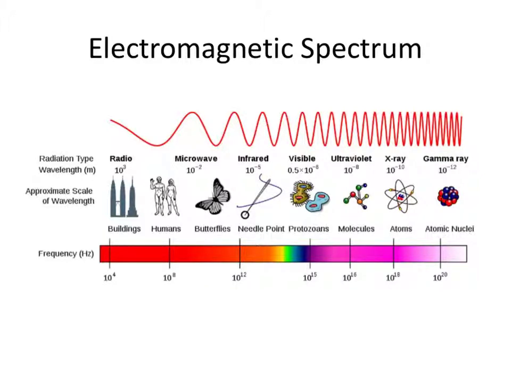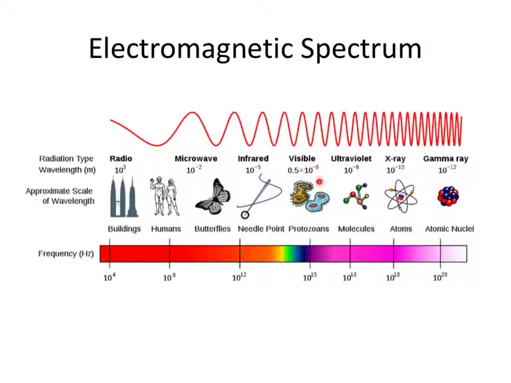There are a whole spectrum of electromagnetic waves, as is shown in this slide right here. Right here, this is showing some of the various frequencies of electromagnetic waves. And up here, we can see some of the different types of electromagnetic waves.